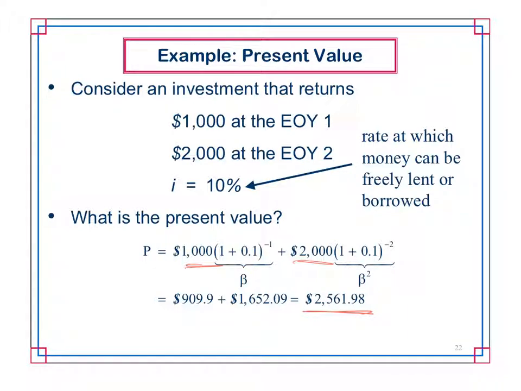So if somebody approaches you and says, I would like you to give me money now, and I'll give you $1,000 at the end of year 1 and $2,000 at the end of year 2, here's what I need from you, then you get to decide if that's a good investment for you or not. So just in your own personal decision making, right? Do I want to buy something or do I want to lend money out?